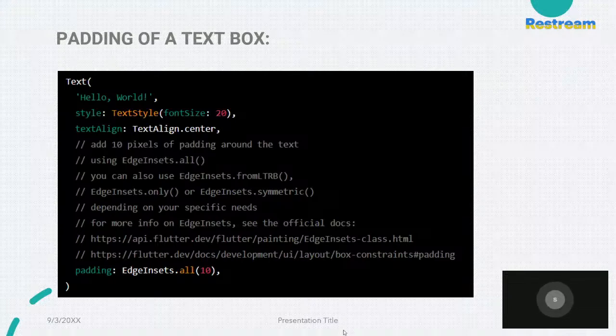So if we want to add 10 pixels around, we must use Padding, colon, EdgeInsets.all(10). So here, for every side, we can specify it like EdgeInsets.right, EdgeInsets.top, EdgeInsets.bottom. We can do whatever we want, but in our example the padding must be specific to every edge, at 10 pixels.